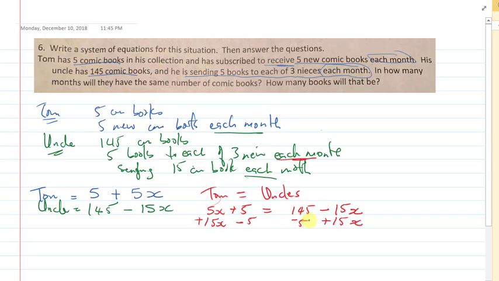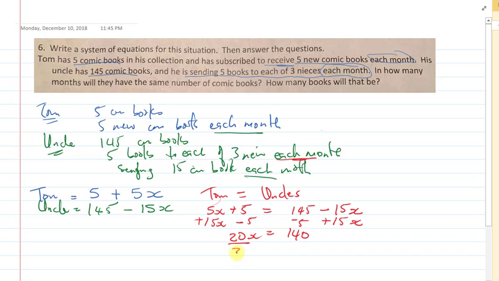Minus 5, so we would have 20x is equal to 145 minus 5. That should be implied already, that 145 minus 5 would give us 140.